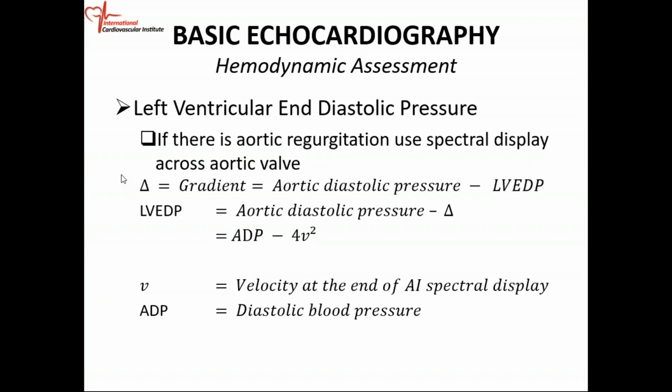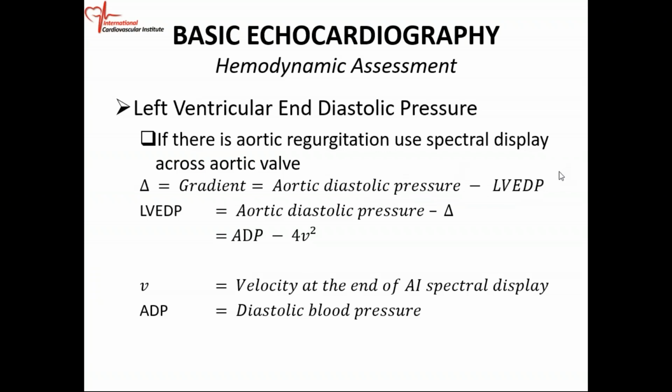So we can use the gradient across the aortic valve when you have aortic insufficiency to calculate that. Again, the gradient is just your aortic diastolic pressure minus the LV end diastolic pressure.